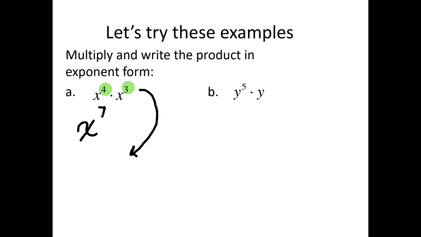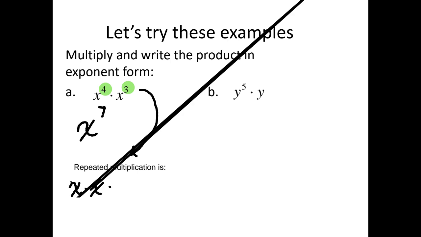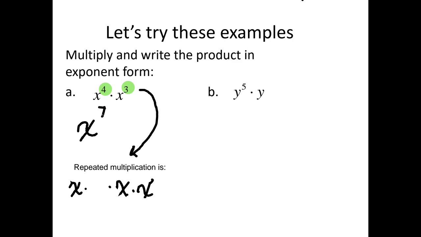If you need to confirm it, repeated multiplication is 1, 2, 3, 4. I have 4 x's. And then the dot, 3 more x's. How many do I have here? 7.